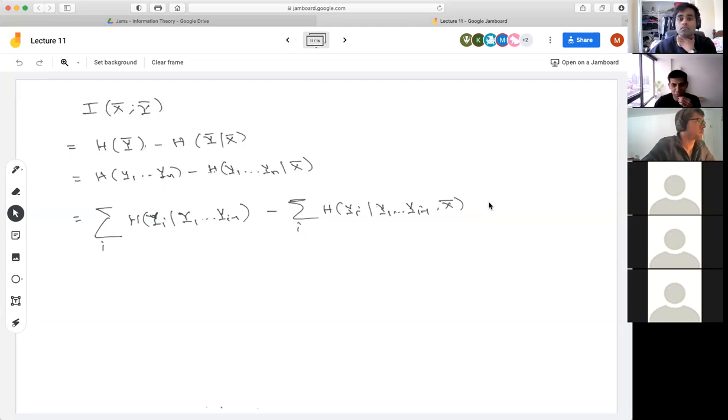And this is where we use the channel properties: because the channel is memoryless and each bit is transmitted independently, we know that this is equal to the entropy of Yi given Xi. What the channel does to the ith transmission only depends on the ith input. It doesn't depend on other inputs. It doesn't depend on the previous outputs.